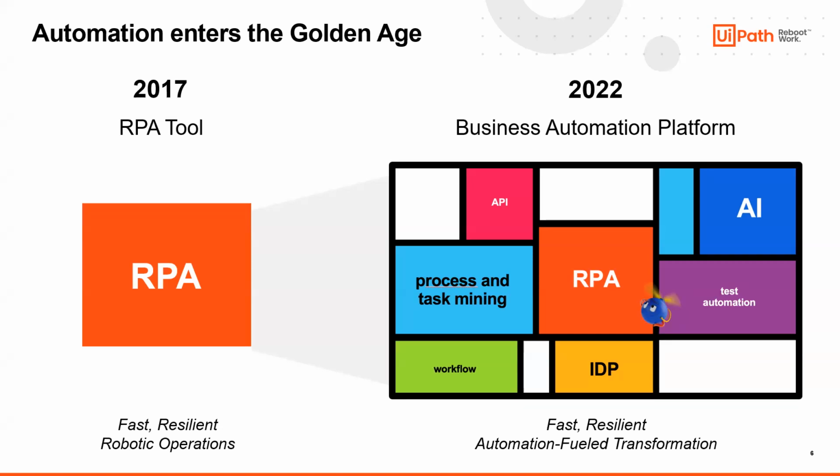And now we've really grown that platform to include mining capabilities, process mining, task mining, intelligent document processing, and additional AI and machine learning, and really bringing in more and improved ways to handle API integrations, as well as things like test automation. So it's really growing beyond just this RPA tool into this business automation platform.